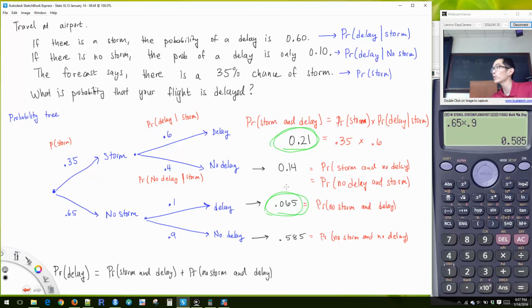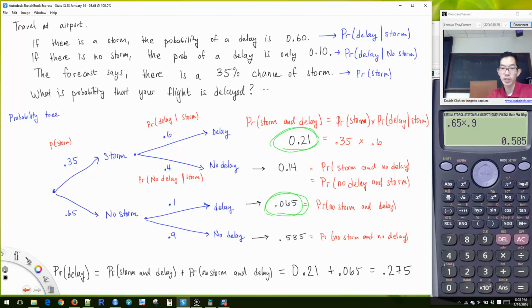So these are mutually exclusive outcomes, and our answer is 0.21 plus 0.065, which gives 0.275. This is the overall probability that there is a delay based on our initial set of conditions. Is that okay?